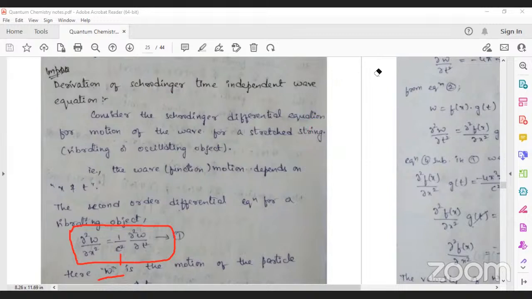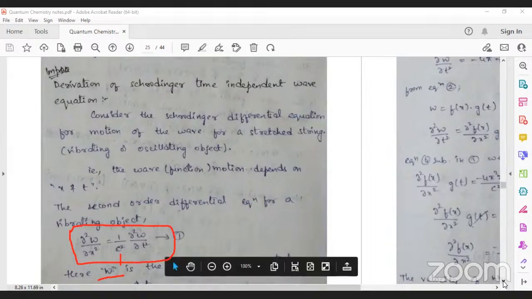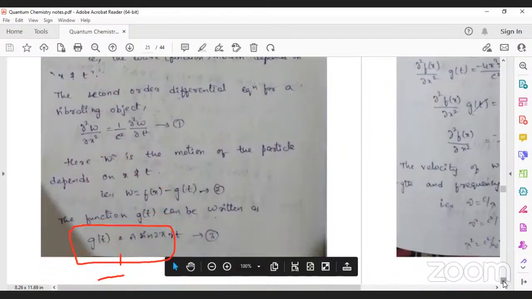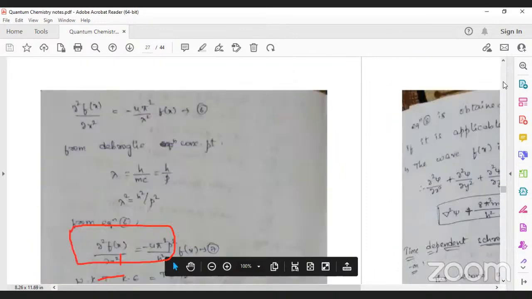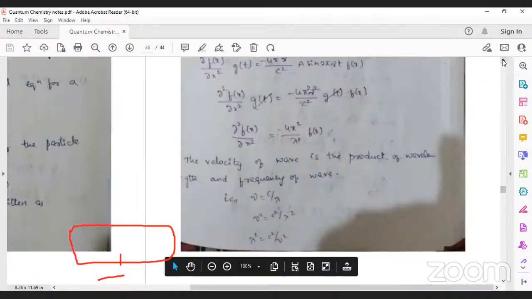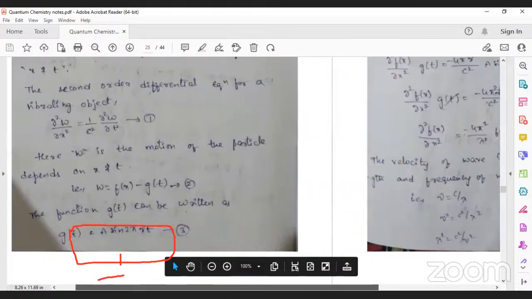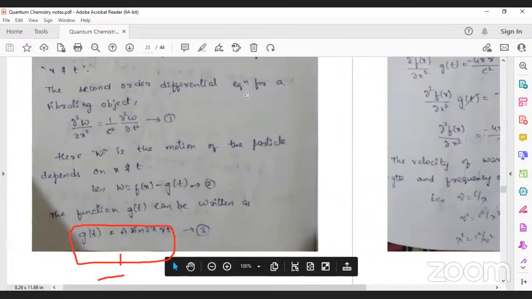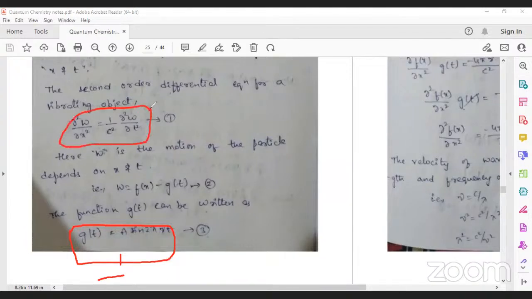Two variables are there, right? You must concentrate. One is X and the other one is T. So this is the equation, just see.